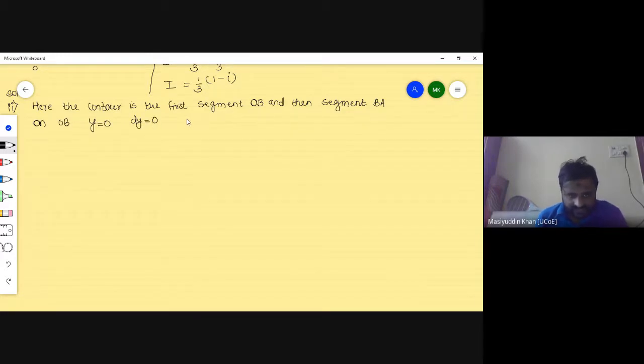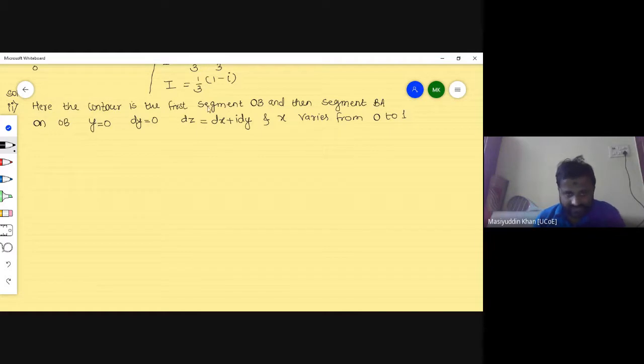Therefore dz is equal to, what was ours, dz is equal to dx plus i dy, and x varies from 0 to 1. So we have to find one by one.